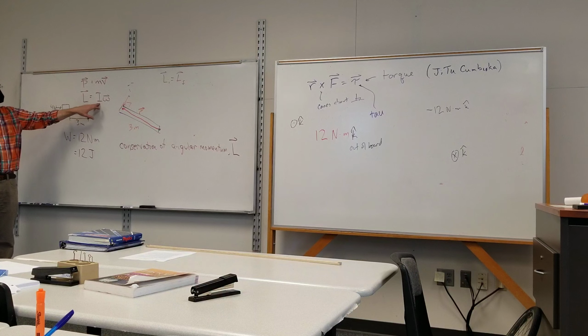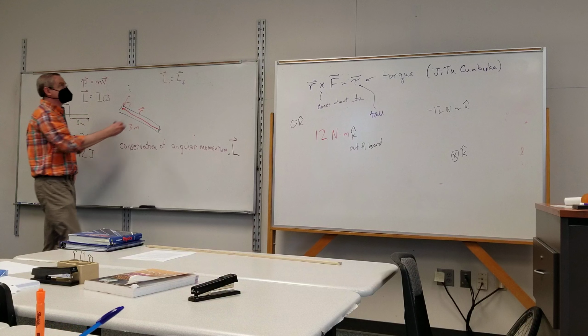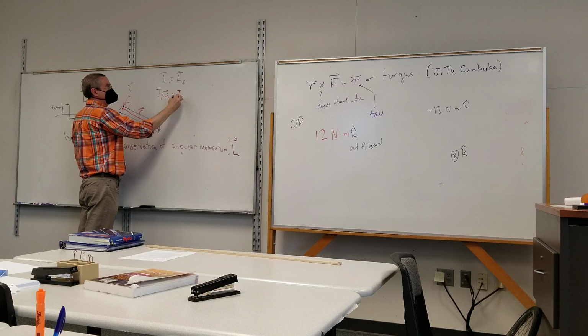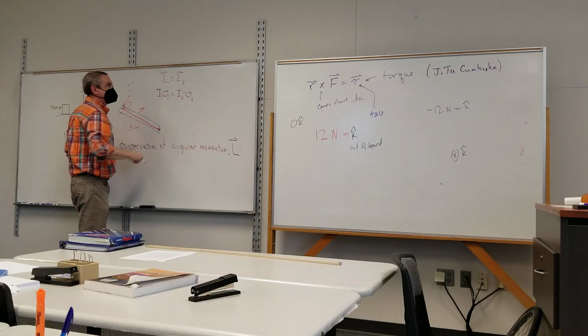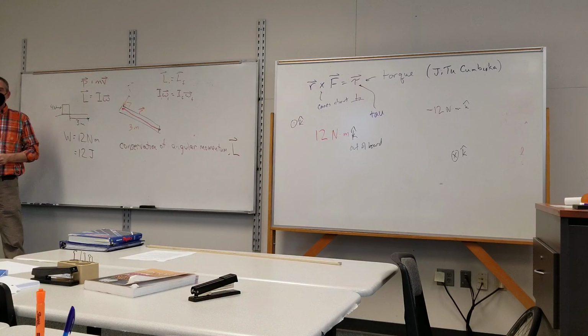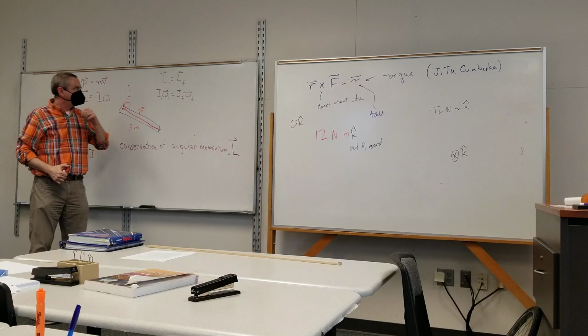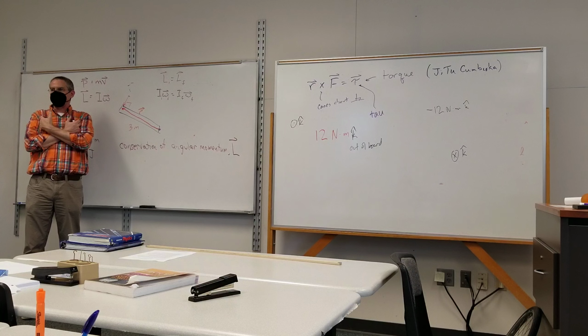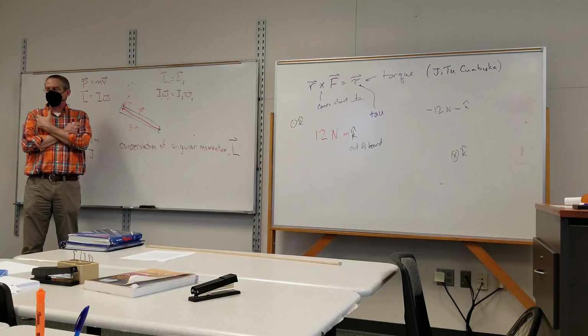One of the formulas is the moment of inertia times omega, so this is I times omega initial is equal to that product final. So I'm spinning around, I have some moment of inertia, I'm spinning with some angular velocity.